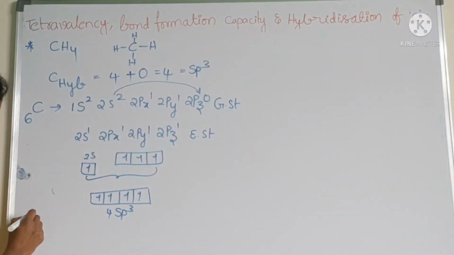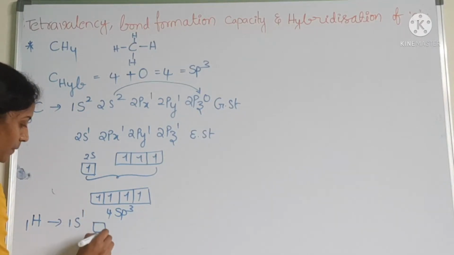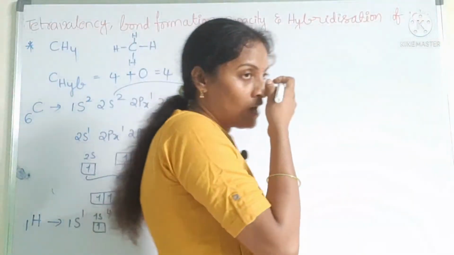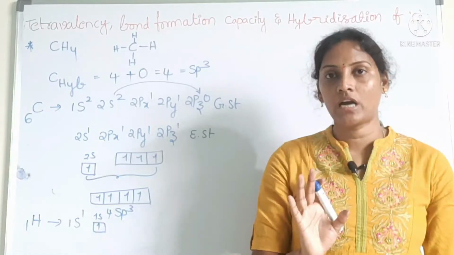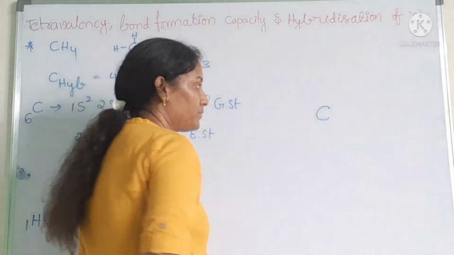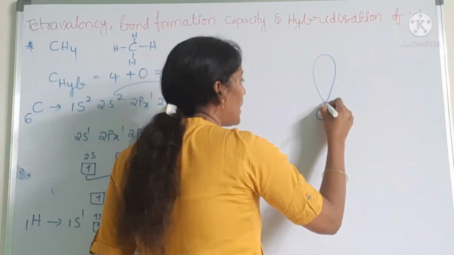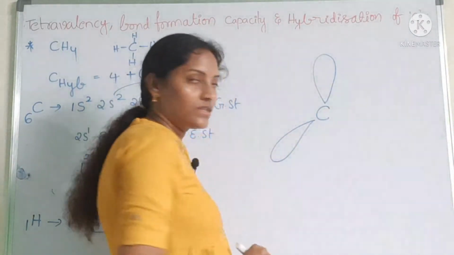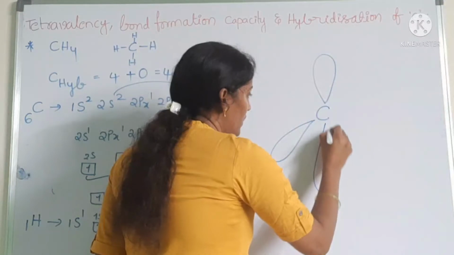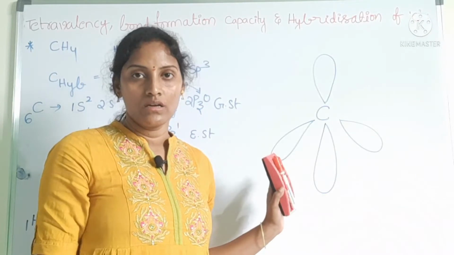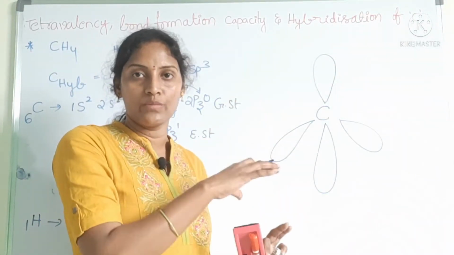Coming to hydrogen, hydrogen's atomic number is 1, its electronic configuration is 1s1. That means only one electron is present in its 1s orbital. So here, how do these 4 sp3 hybrid orbitals lie around the carbon? See here, if it is a carbon, this is one sp3 hybrid orbital, this is another sp3 hybrid orbital, this one and this one. 4 sp3 hybrid orbitals lie around the carbon like this.